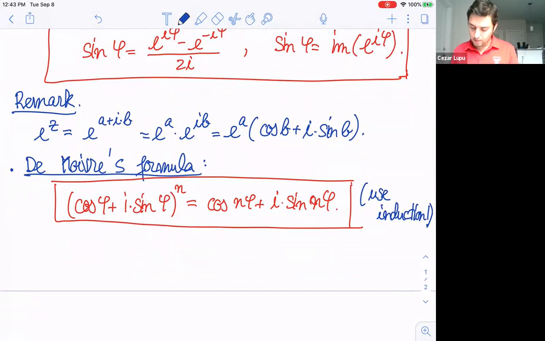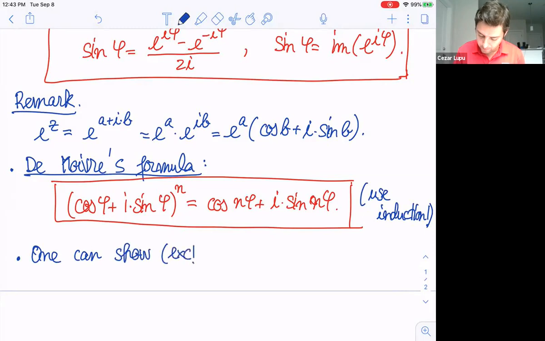Now, I would like to say some other useful facts about complex numbers. One can show, and I will leave it to you as an exercise, the following formula.